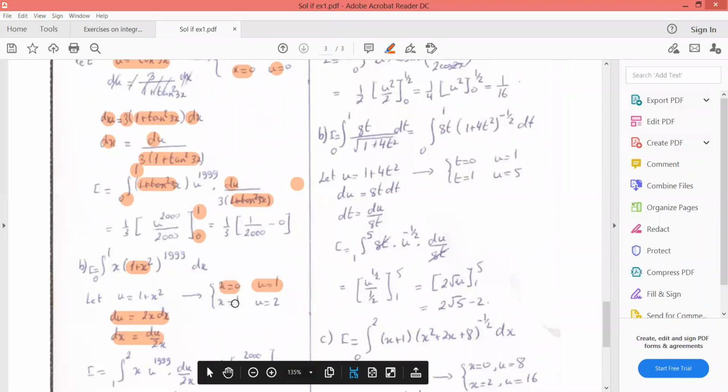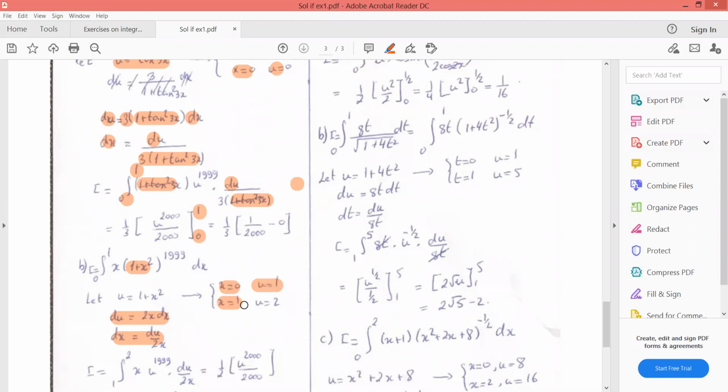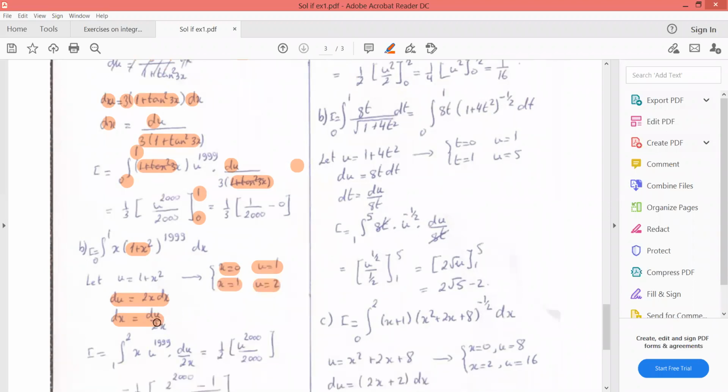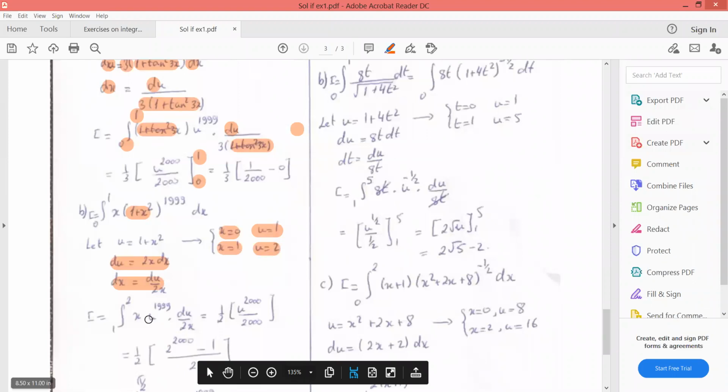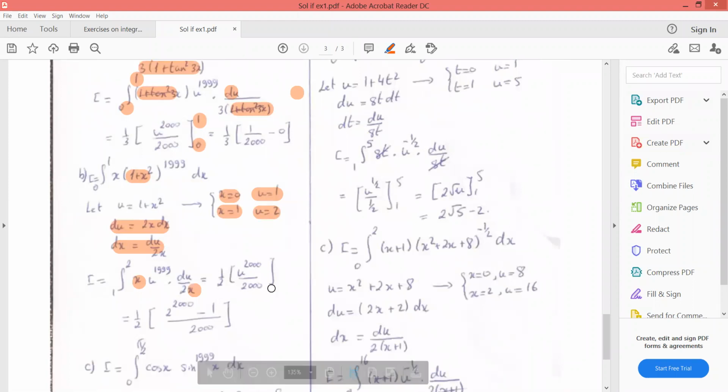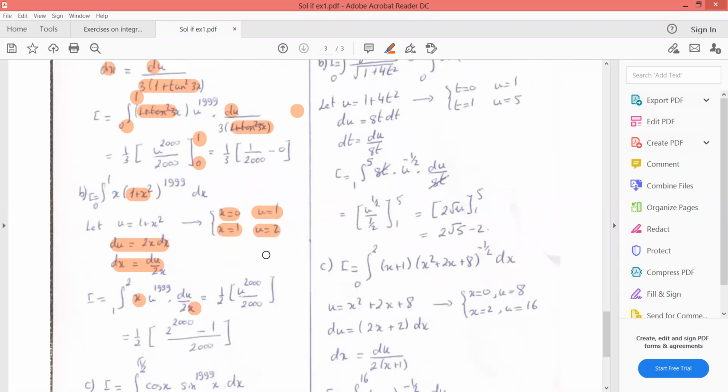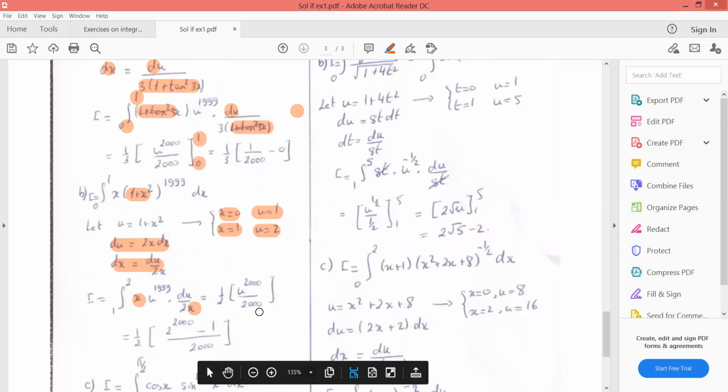For x equal to 1, u equals 2, since 1 plus 1 is 2. We get x times u to the power 199, du over 2x. This x and this x cancel. Half u to the power 200 over 200 between 1 and 2. First I replace by 2, second I replace by 1.